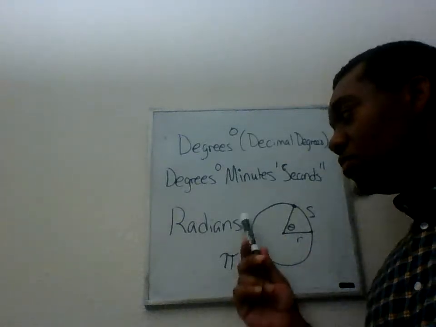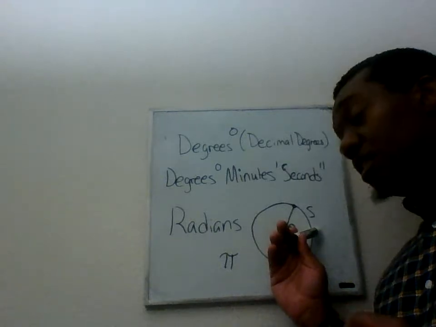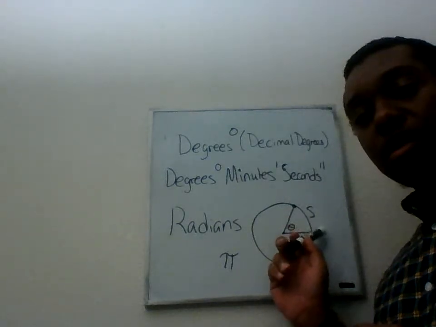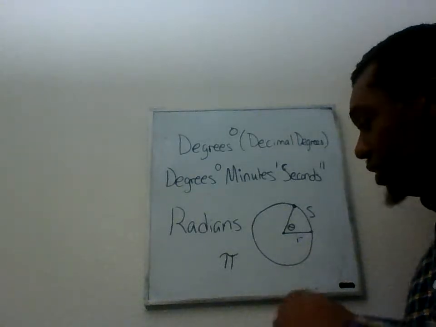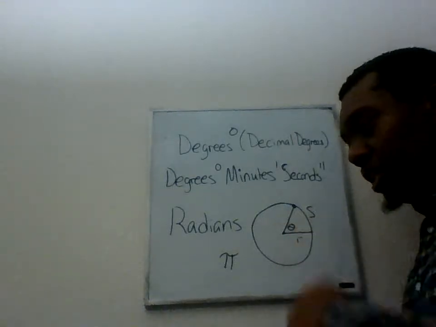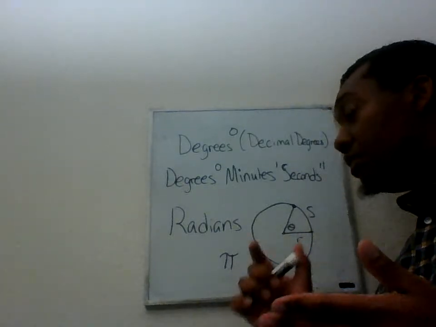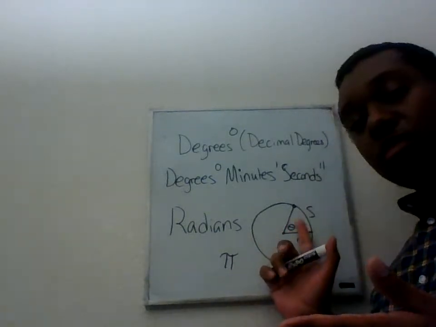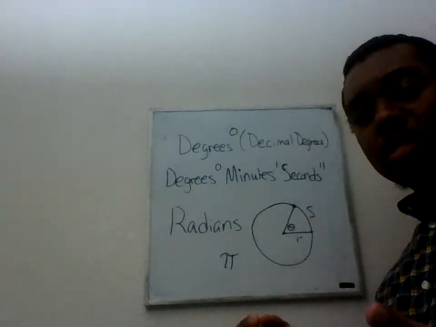Anyway, so radians is defined by the distance traveled around this arc. An arc we'll talk about more later, but it's just the outer part of the circle. So how much have you traveled around the circle in relation to the angle that you've gone?